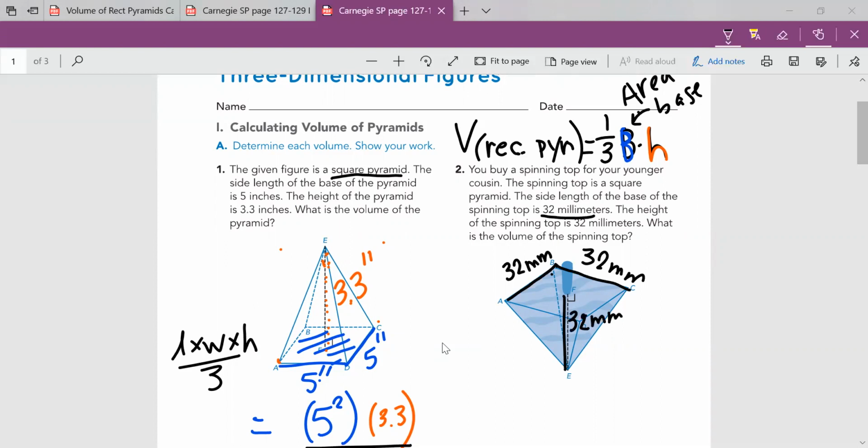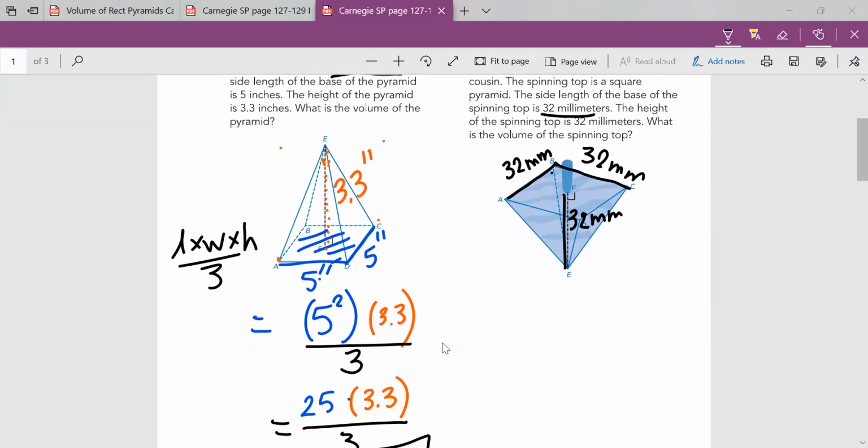Well, it looks like we have all 3 the same amount. And since we're multiplying them all together, we can do this in a quicker way. We could take 32 millimeters and cube that, because that's length times width times height. When they're all the same, you can just cube 32. And then you would divide that, of course, by 3 or multiply by 1/3.